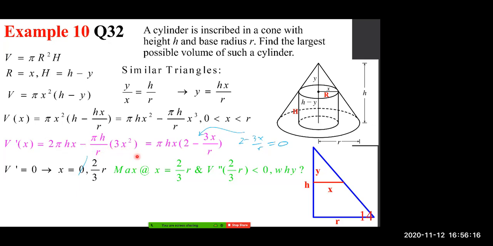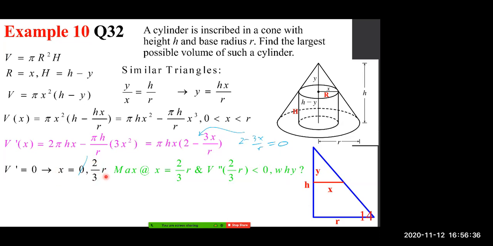And if you plug in, it becomes negative. So find V double prime and plug it in, and you'll see that the maximum occurs when we choose x to be 2/3 r.